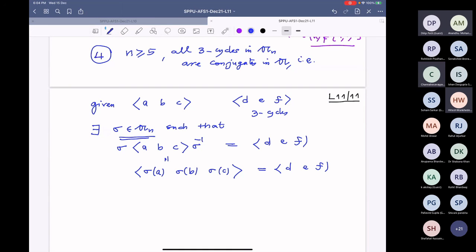All right. So this I would say you do as homework. If you don't get it, we will do it in the tutorials. When you do this, you adopt the same policy. You want to define sigma.